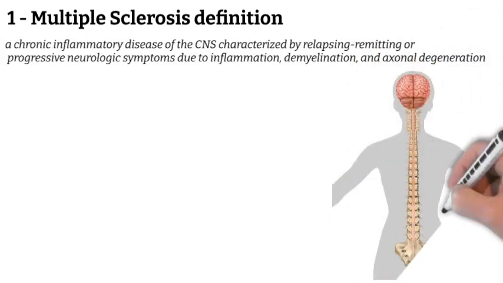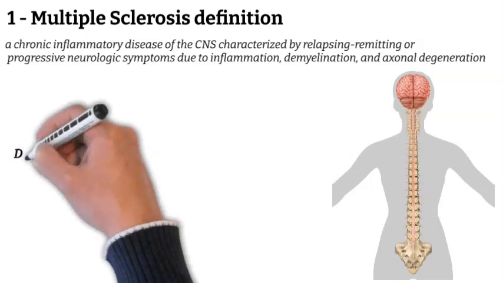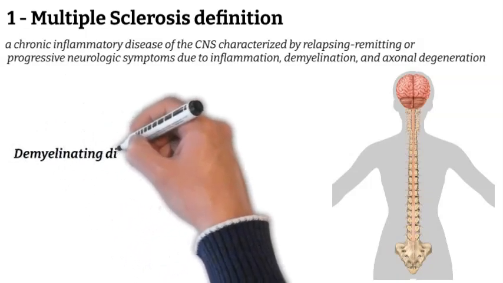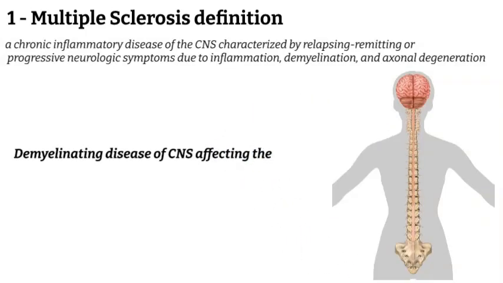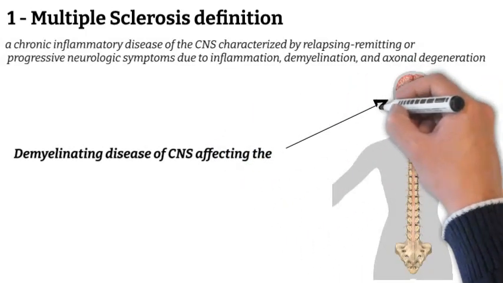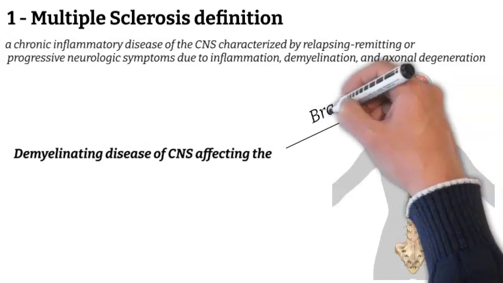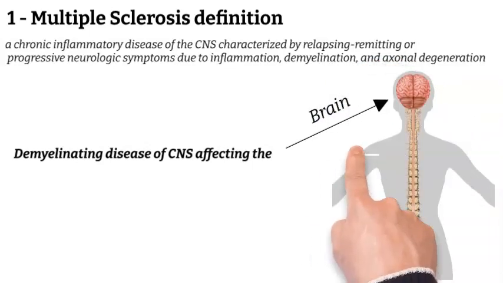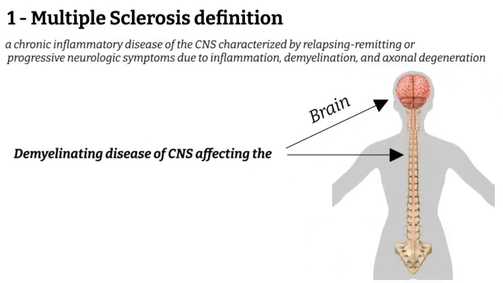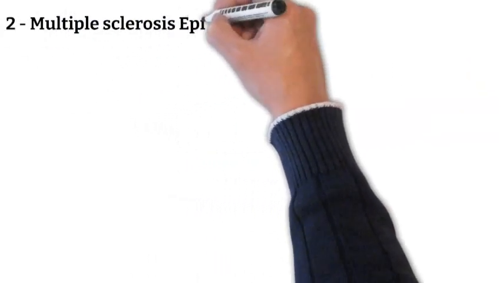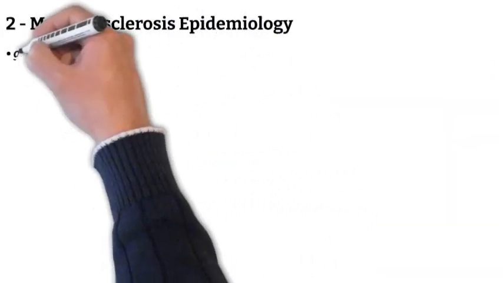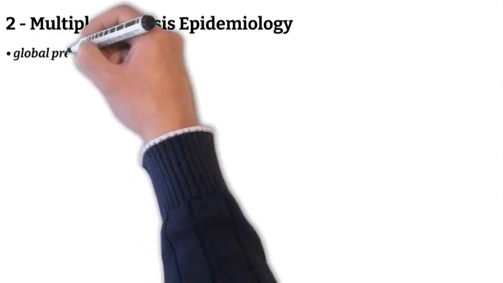If you want me to make your life very easy, just remember this: a demyelinating disease of the CNS affecting two specific places in our body, the brain and also the spinal cord. So, a demyelinating disease of the CNS affecting brain and spinal cord. Just remember this.